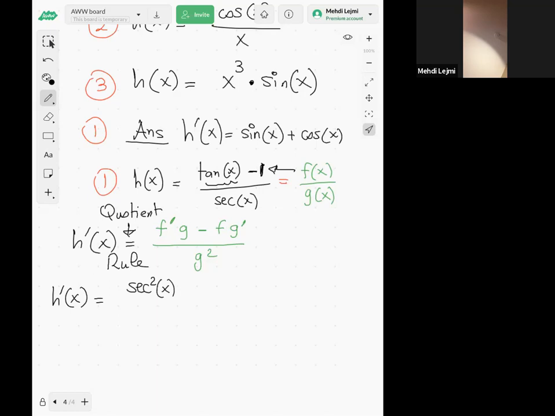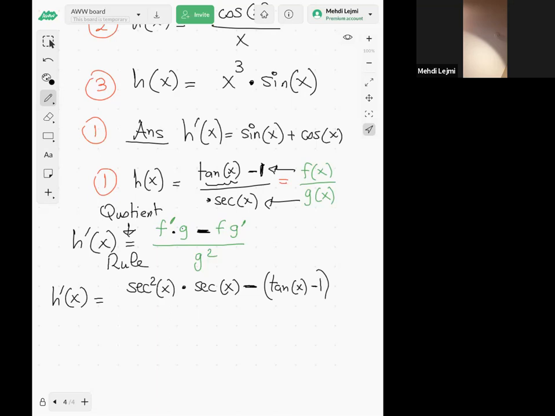Then times g. G is the secant of x, so times secant of x. And then here it's a minus, f is tangent of x minus 1, times g prime. What's g prime? G is secant of x.